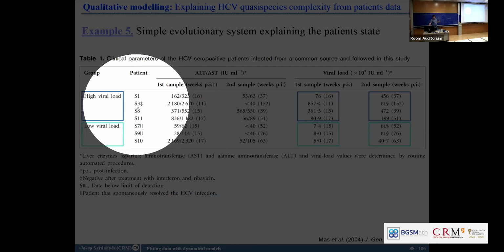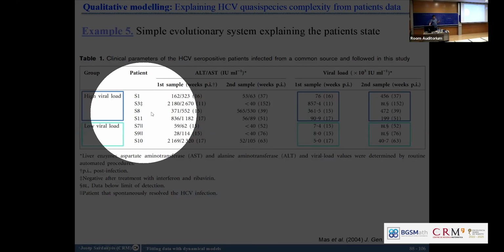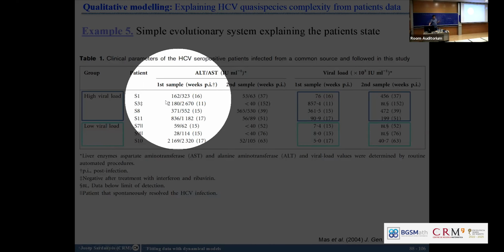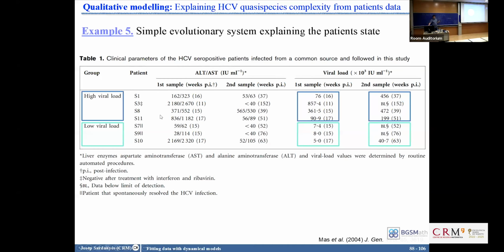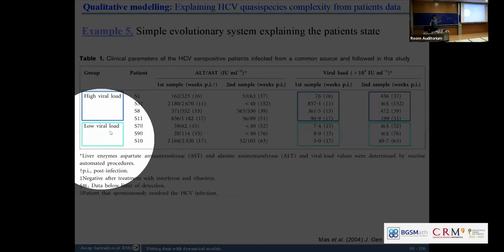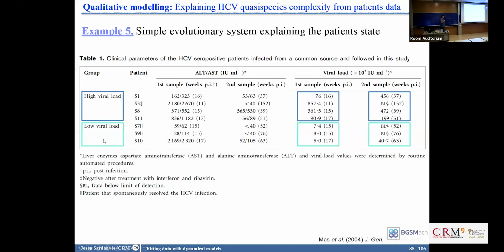So they have 4 patients with high viral load. This is the viral load, the amount of virus they have in blood. And this is the weeks post-infection. So they have 16 weeks, 37 weeks. And then they also identified another set of patients with low viral load. So some patients had a lot of virus in their bodies, and another type of patients had a low amount of viruses.